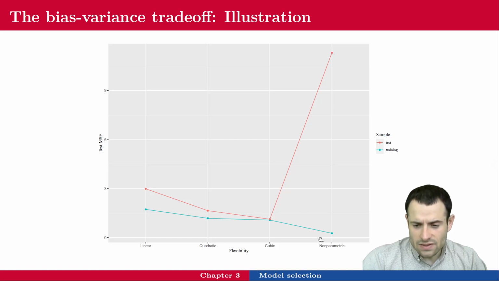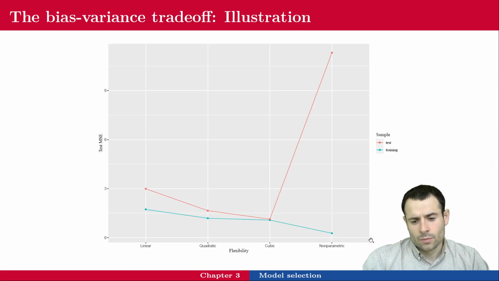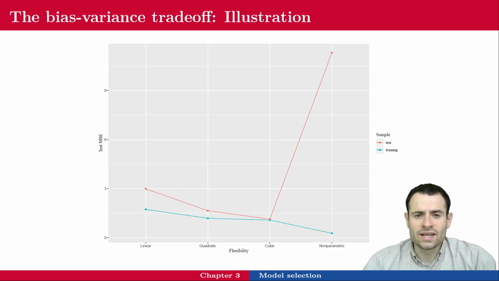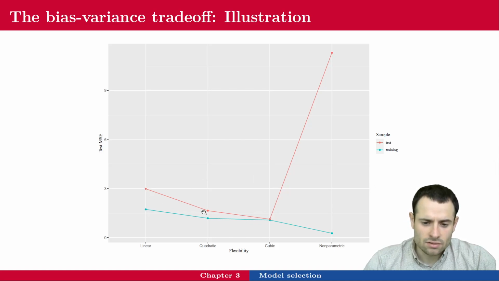If I had something even more flexible than this, something more erratic, then you could imagine that this point would get even lower. Now, if I apply my estimated models on a data set of interest, like a test data set, you can see that the test MSE at the beginning decreases, but then past the cubic function, once I go to the non-parametric function, it shoots off.